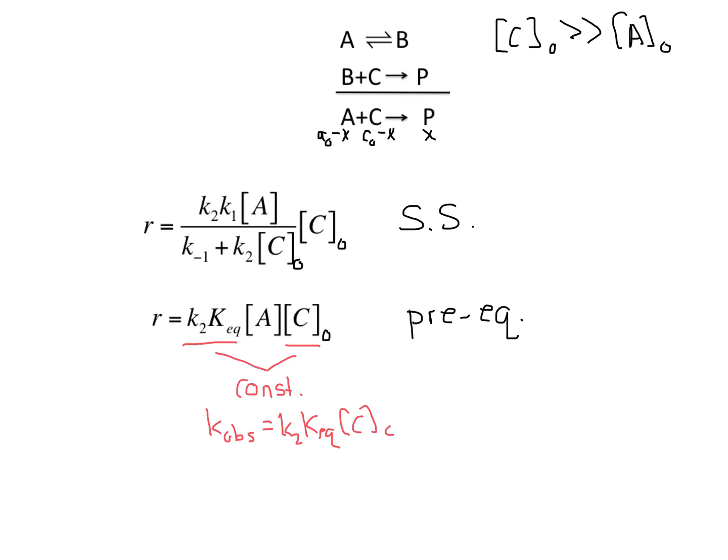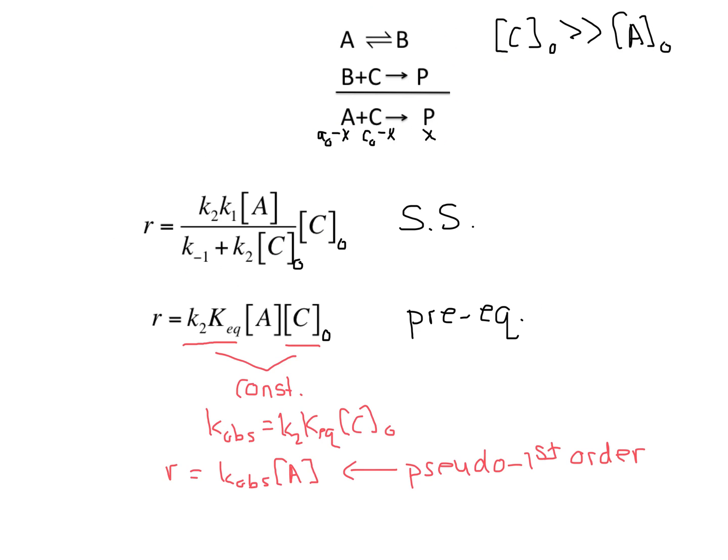And now I can see that the rate of this reaction is my observed rate constant times the concentration of A at any time, and I have reduced this second order rate law to a first order rate law. We say that this rate law is pseudo first order because I have forced it to be first order because of the conditions that I used in doing the reaction.